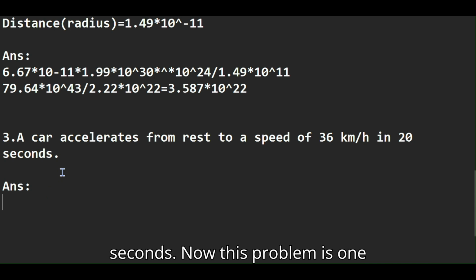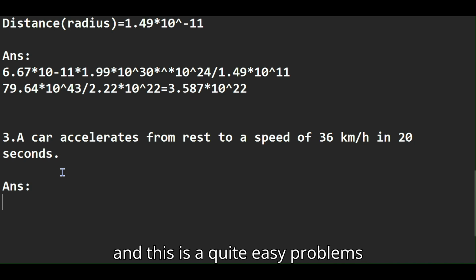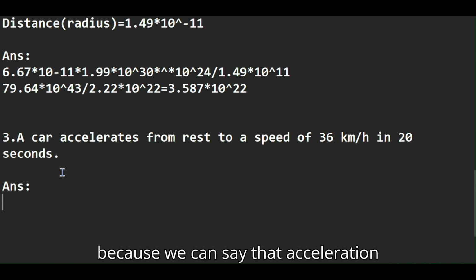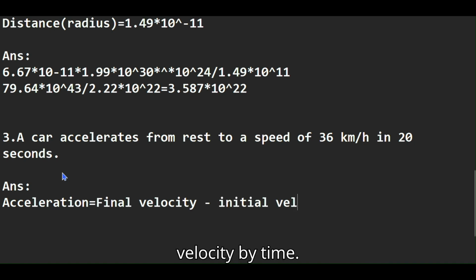This is one of those acceleration type of problems, and it's quite easy, because acceleration is equal to the final velocity minus the initial velocity by time.